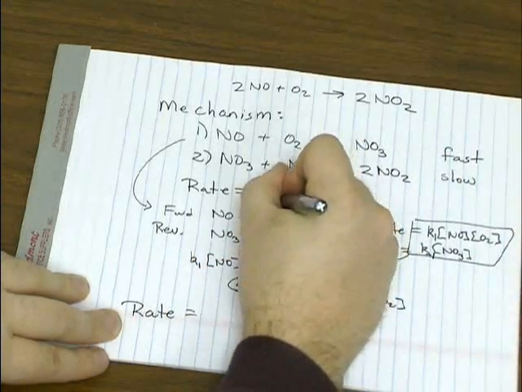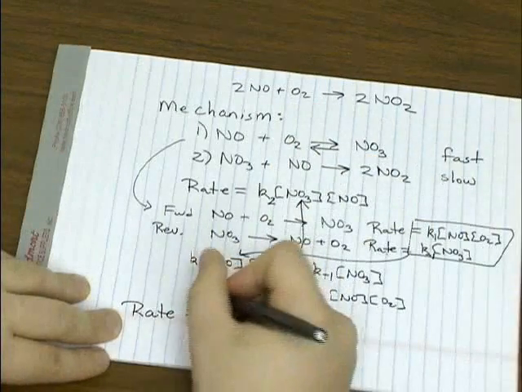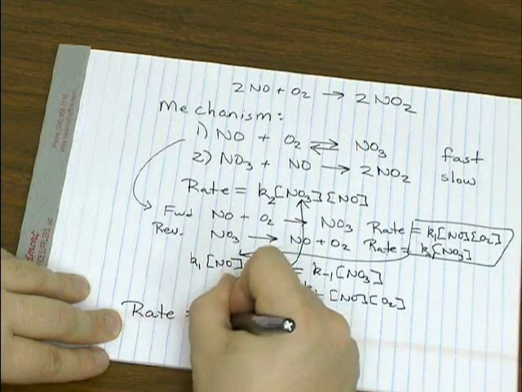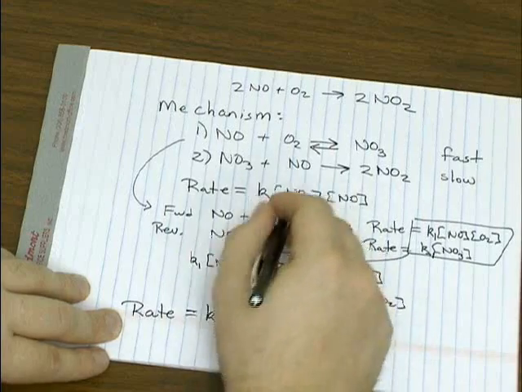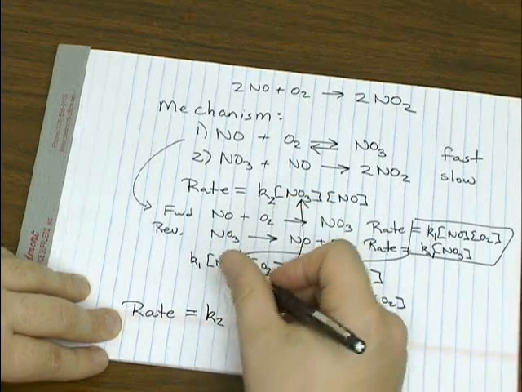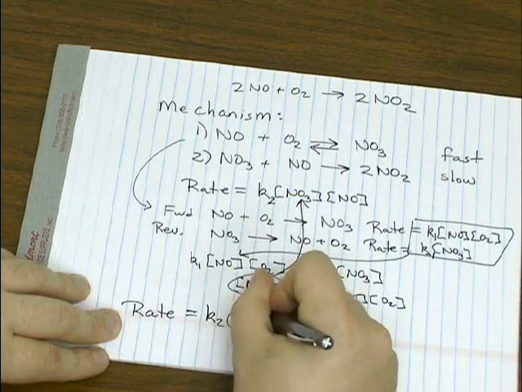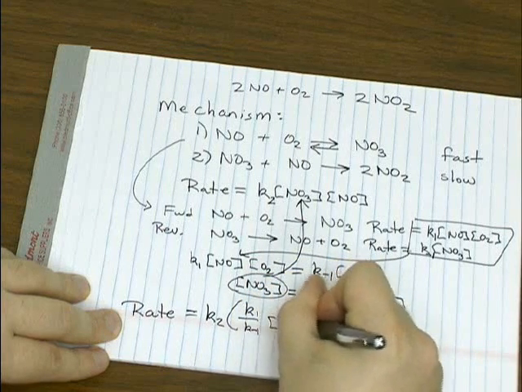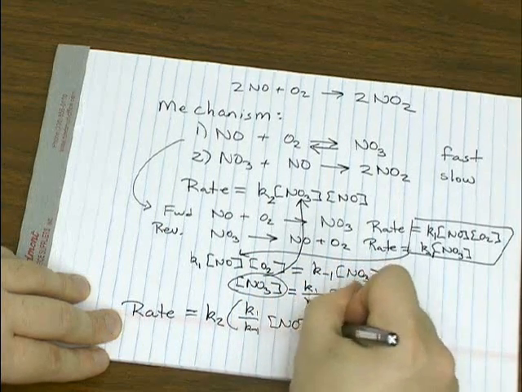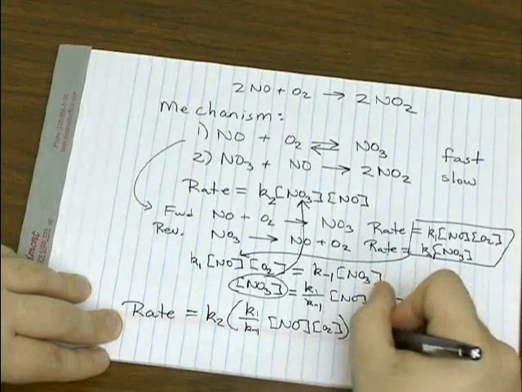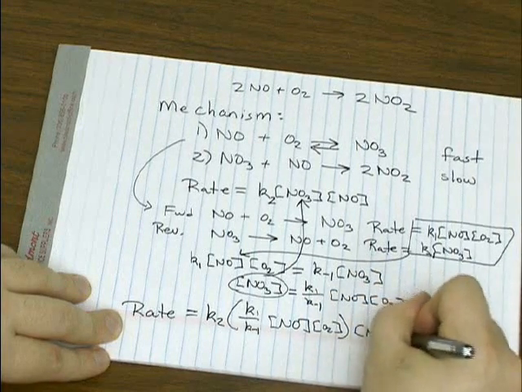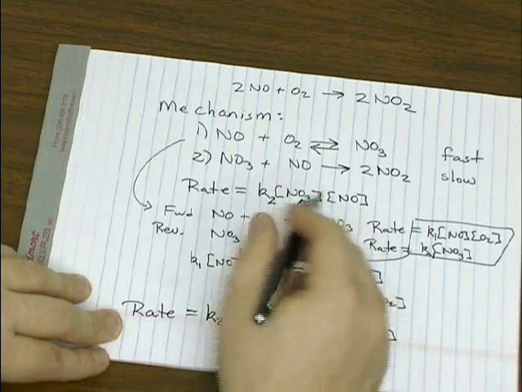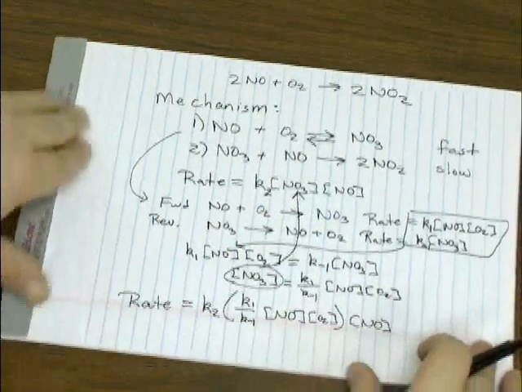And again, we'll call this k2 since we called the others k1. So plug that all into our second rate law. So all that is for NO3.